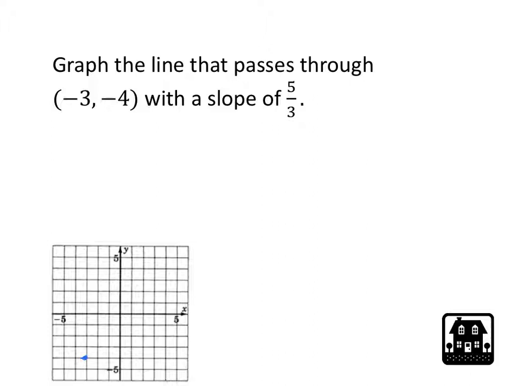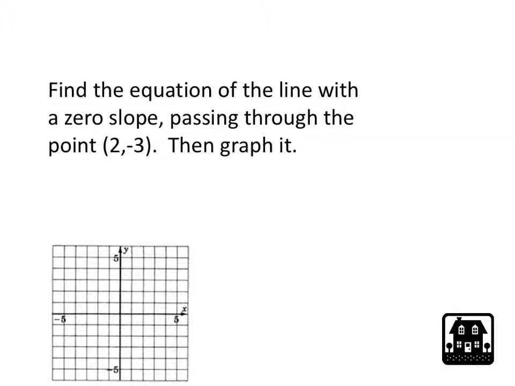So our next point is going to be right there. So we can easily draw the line that passes between those 2 points, and voila, we're done with that problem.